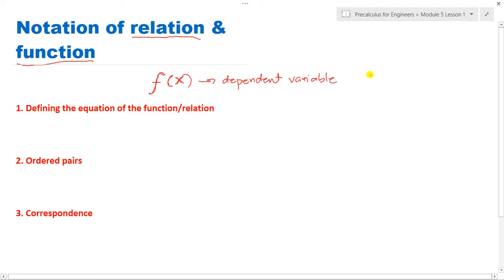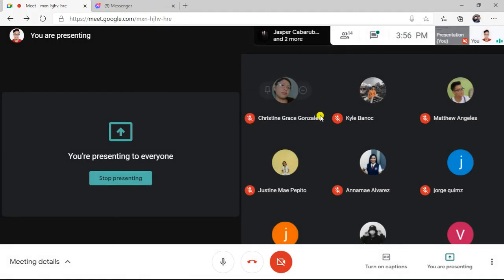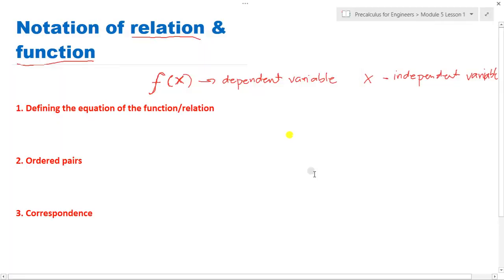And then of course, x alone represents our independent variable. Okay, but f of x can also be written as y.